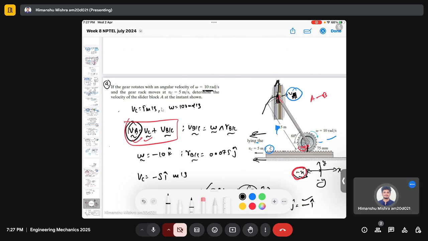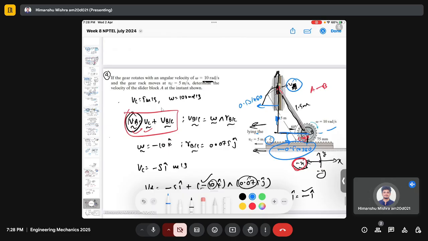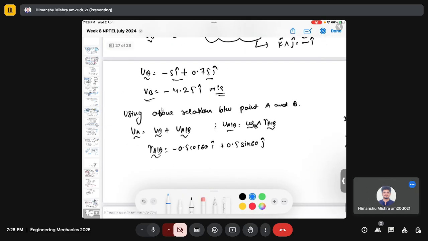Basically you draw one line here, one line here, so this is 60 and this is 1.5 meter. So this will be 0.5 sin 60 in the y direction, and this will be minus 0.5 cos 60 in the x direction. This will be our position vector.